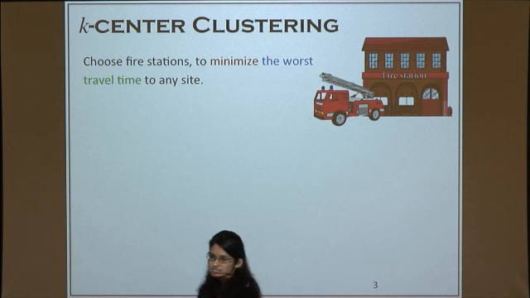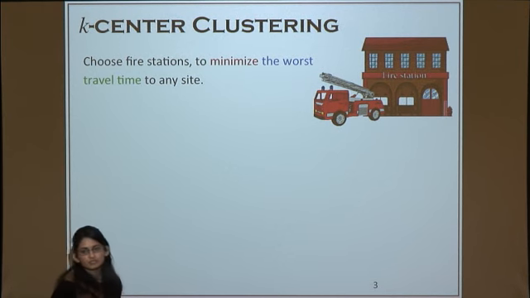We should first think about what our goal is. We really want to reduce the travel time for the worst location possible in the city. So if the worst location was going to be on fire, we want the closest fire station to be able to send a fire truck and resolve this issue very quickly. That is what k-center clustering is going to do.